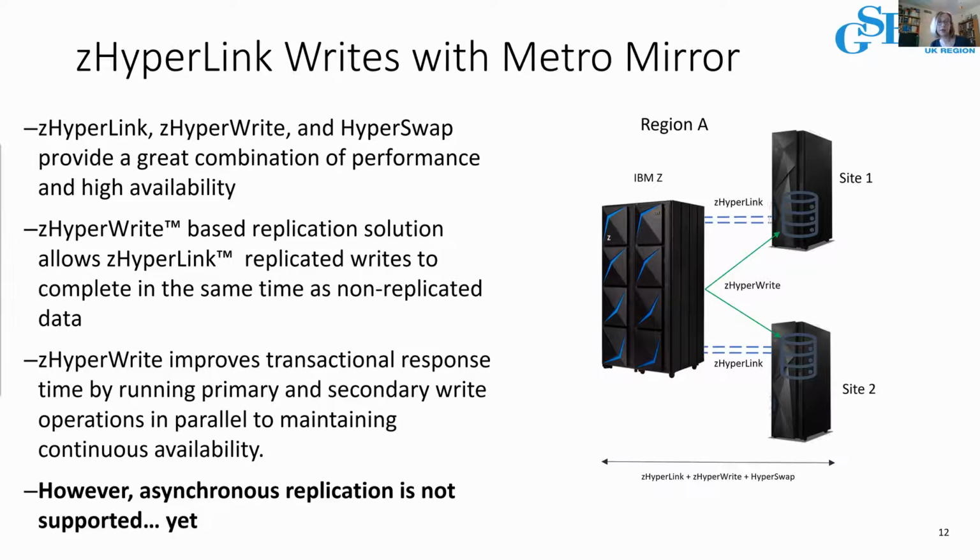And HyperWrite does really improve your transactional response time by doing those write operations in parallel. That's really something we see with HPF and how it's been adopted with DB2 and IMS WADs and things of that kind. So separately, it's a great technology. And then in conjunction with HyperLink, it's very, very beneficial. It allowed us to do Metro Mirror. But of course, this chart is kind of a teaser chart. Oh, we don't do asynchronous replication yet.